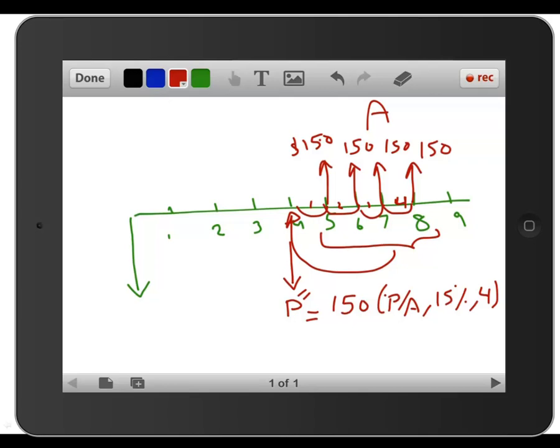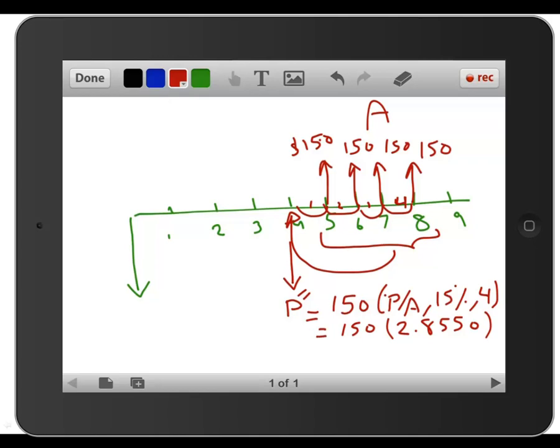Again, from the tables we can find the factor, and the factor for P given A with 15% and 4 is equal to 2.8550.